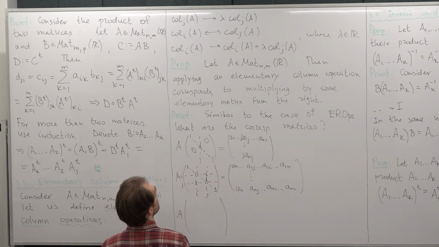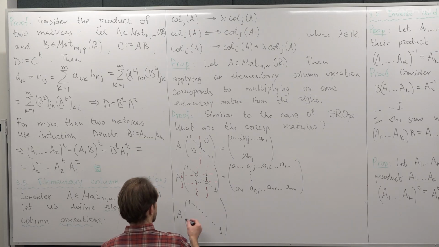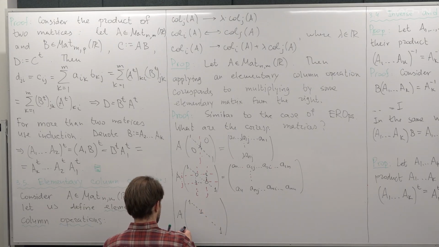And when we need to add one column to another one multiplied by a constant, the only difference is that, since we consider columns, we need to put lambda not in the row but in the column.